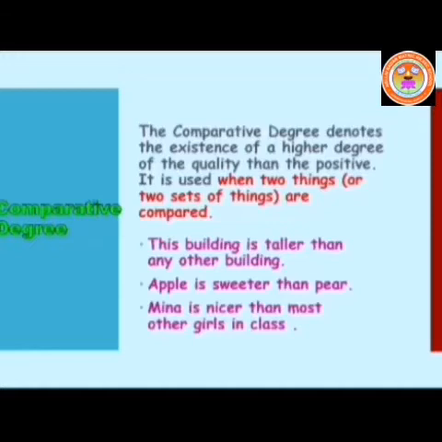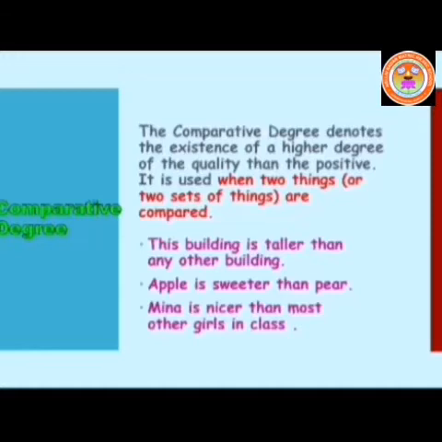So for comparative degree we need two things. Between any two things only we can compare. Maybe in the house you will be compared with your brother or sister, isn't it? So that is called comparative degree. So here you should understand that we need two things for comparing.